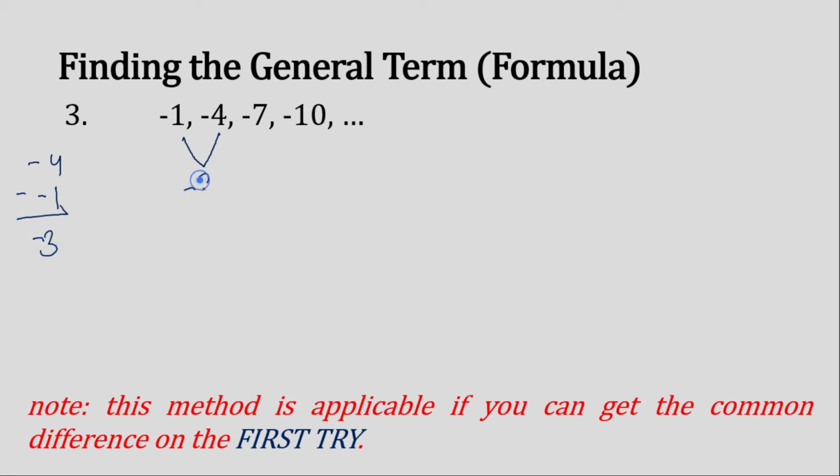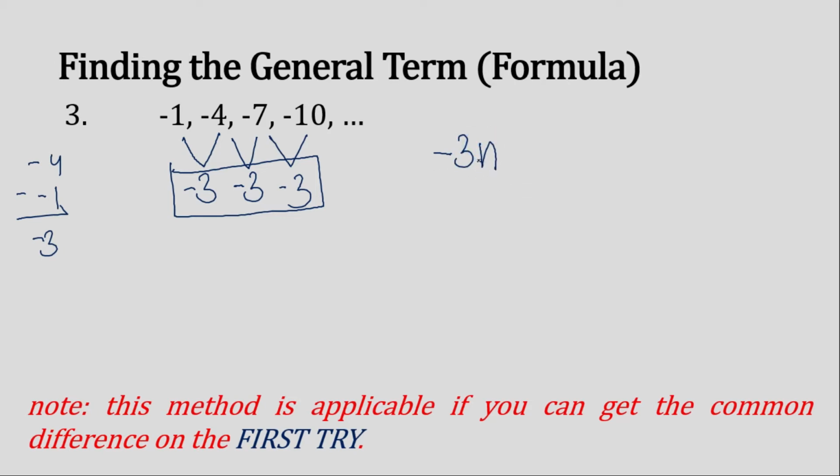Again, -7 minus -4, that would be -3. -10 minus -7, that would be -3. Again, we have the same difference on our first try. So now, what we're going to do is to use that -3 and put an n beside it.